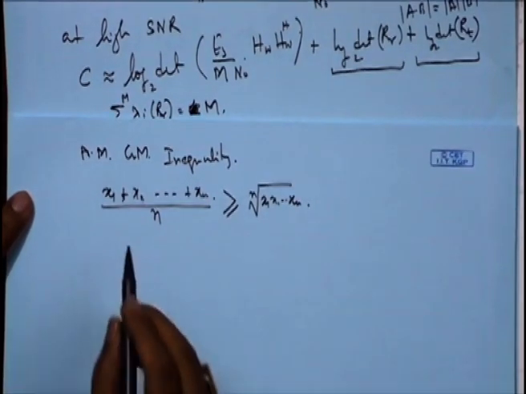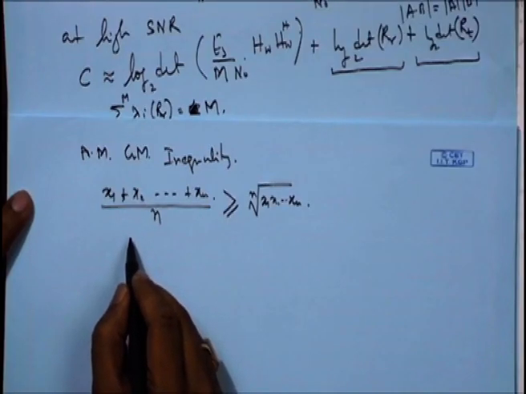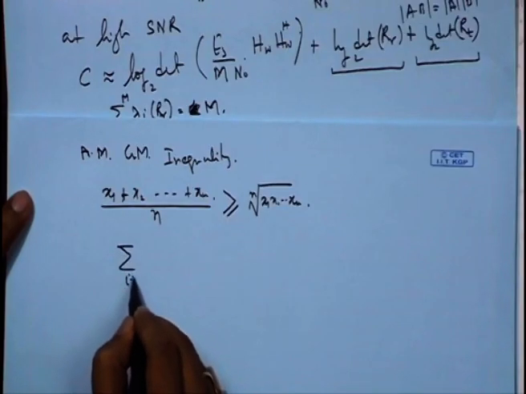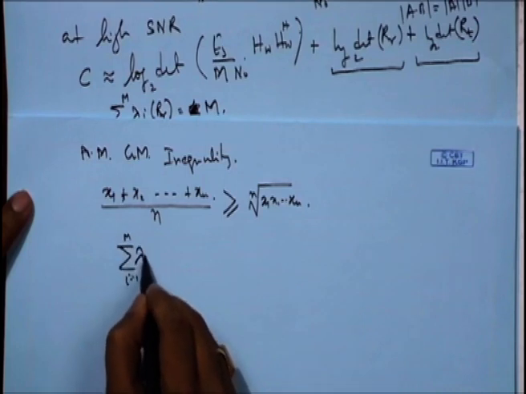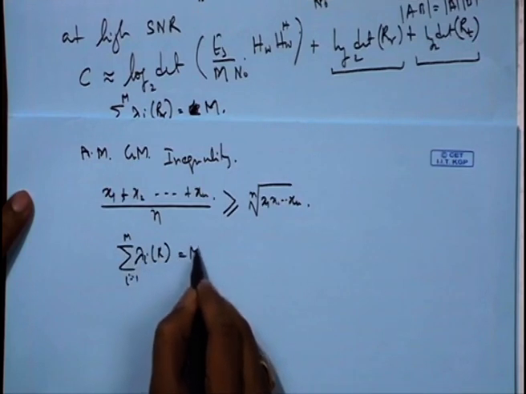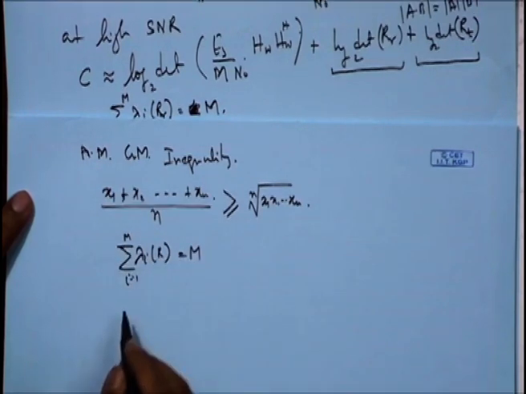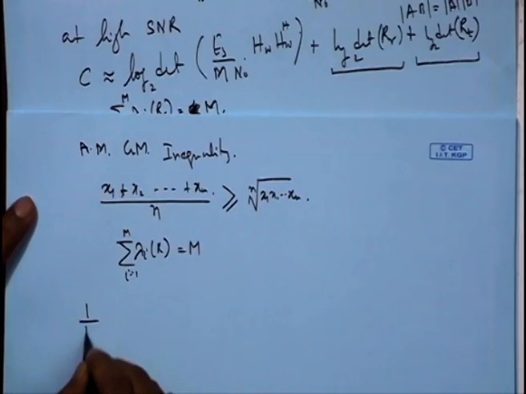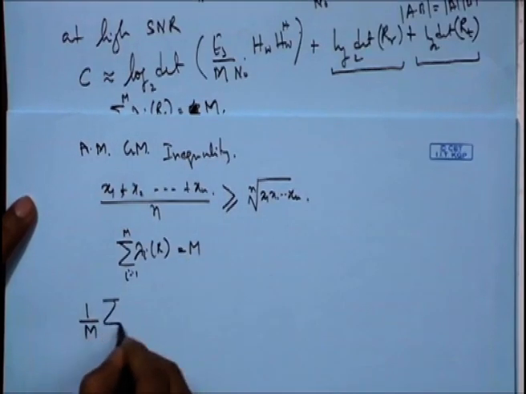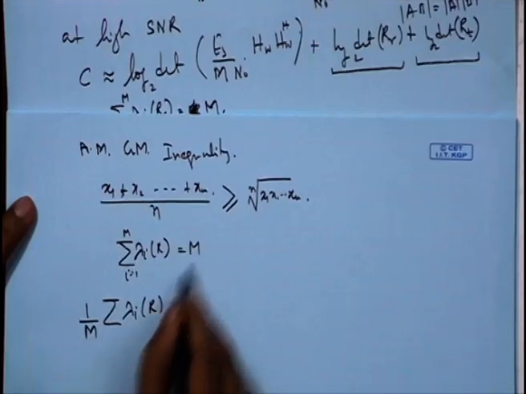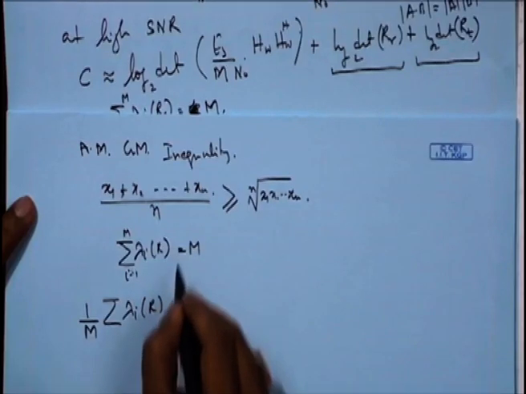In our case the sum over i equals 1 to M of lambda i of R is set equal to M. So according to the inequality we want 1 upon M sum of lambda i R, which is of course equal to 1.